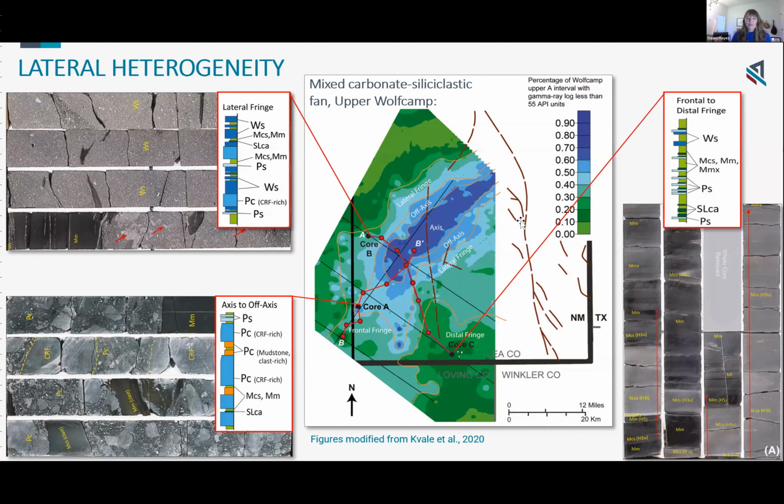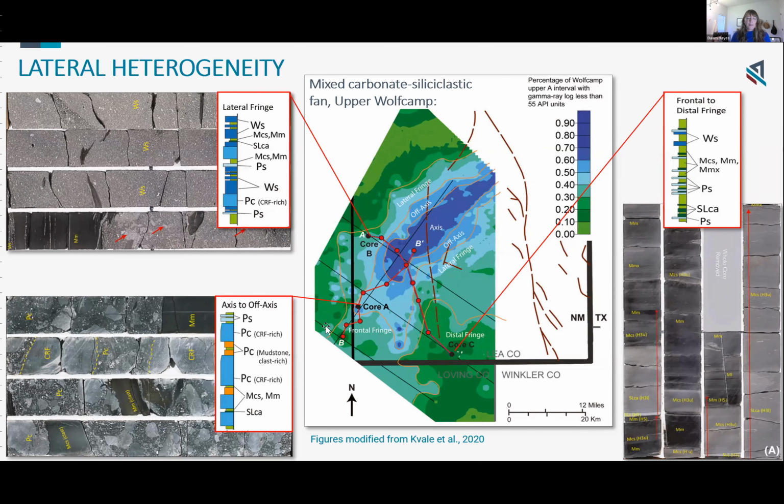A great example of a fan that's not very fan shaped, it's definitely more elongate, is this one from the Wolfcamp in the Delaware Basin. This fan, as you can see, has an axis trending in this direction, and we have a lot more carbonate here along the axis than we do off the axis in this direction and in this direction.